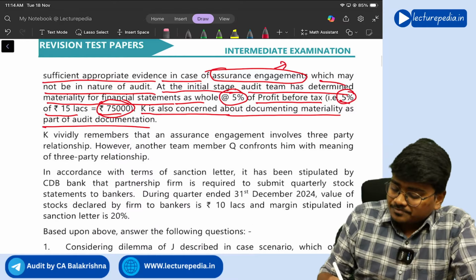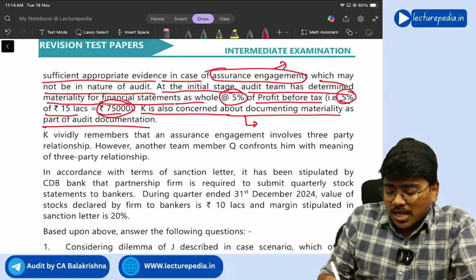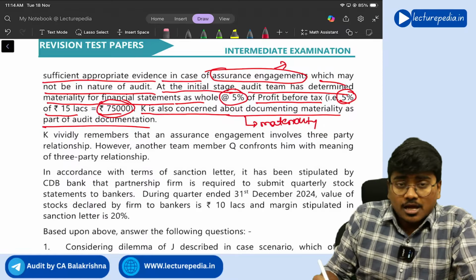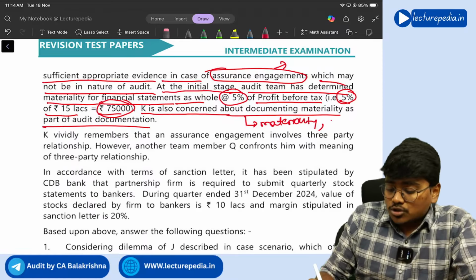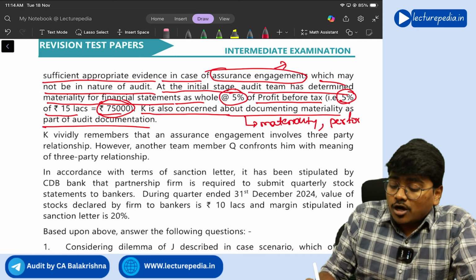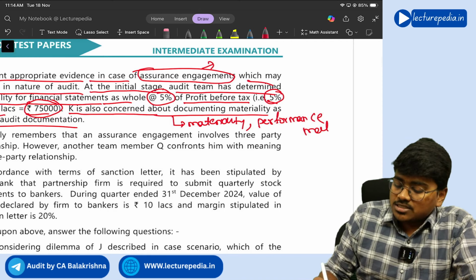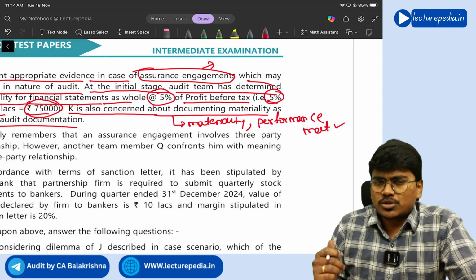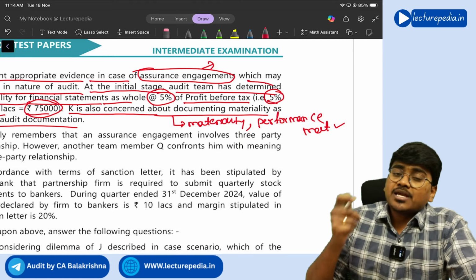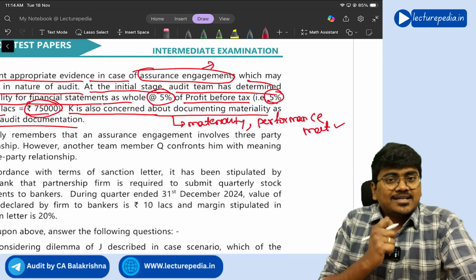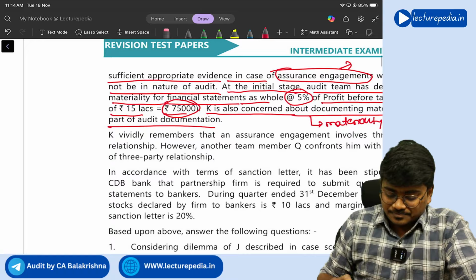So here, as part of audit documentation, you have to document materiality, how you have arrived at that materiality, and you should also document performance materiality also. Correct or not? Yes, you need to document both these things. How to calculate performance materiality? Materiality multiplied by a percentage, you will get a performance materiality.